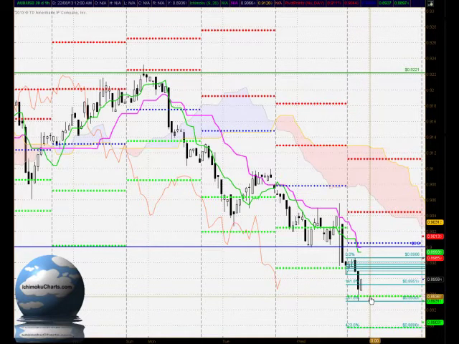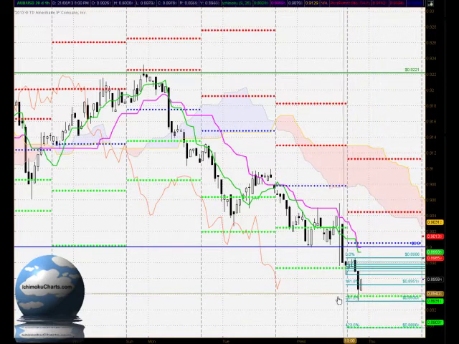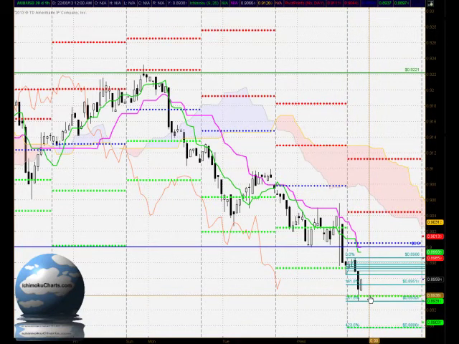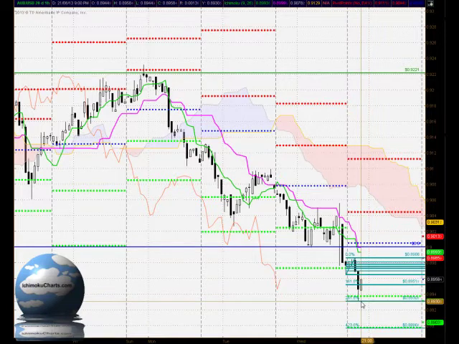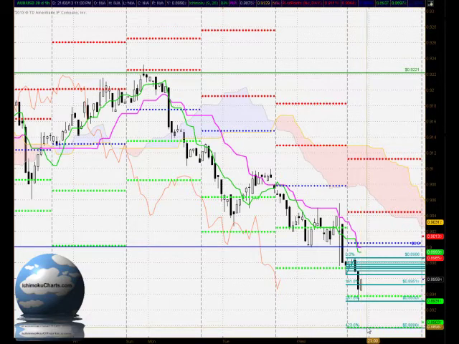And this area obviously coincides with the area roughly around the first pivot point support level, or just beyond there. If we look at the 423.6% level, the next level down, coinciding with the second pivot point support level, and in line with what we've seen with the other Fibonacci techniques, suggesting that if this market does continue to sell off, we should see very, very strong support down around there.